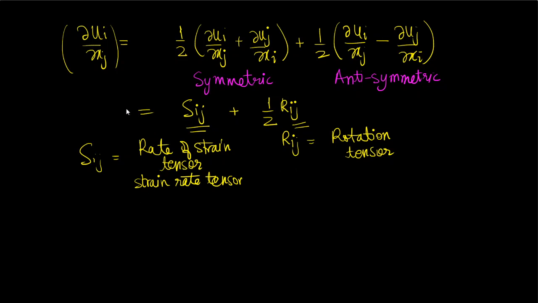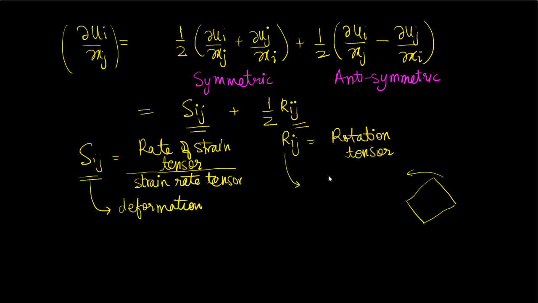Why is it important for us to perform this decomposition? Rate of strain is associated with generation of stress because if an element simply rotates, it entails no stress, but a deforming element entails stress. So Sij, as we will see, would be responsible for the deformation of a fluid element, while Rij, as we will see, is responsible for the rotation of a fluid element.